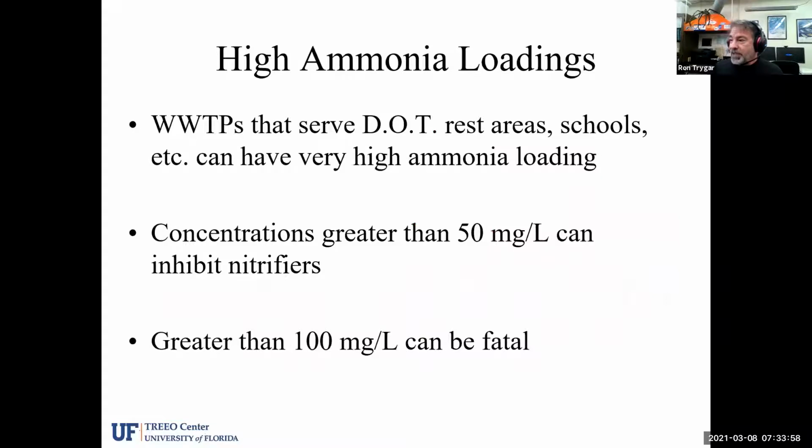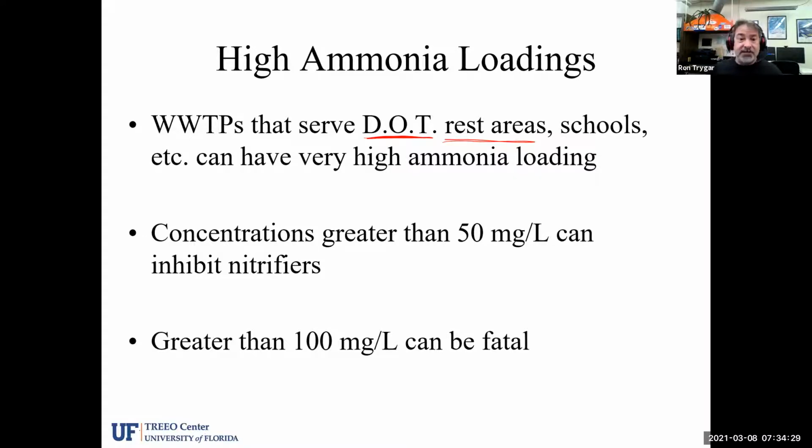All right, so where do we get high ammonia loadings from? I just mentioned a little bit about wastewater treatment plants that serve schools and things like that, but also pay attention to DOT, the Department of Transportation, which along the United States highways runs things called rest areas. Rest areas are places for humans to go and relieve themselves of the urine or the solid waste that we have in our bodies. So we want to do this in an environmentally appropriate fashion.